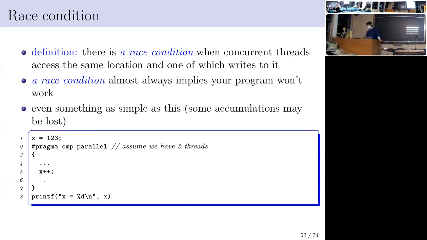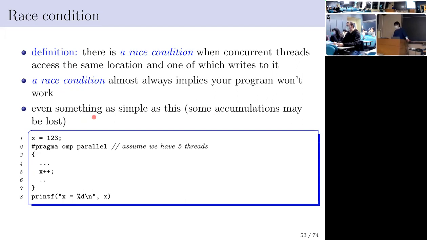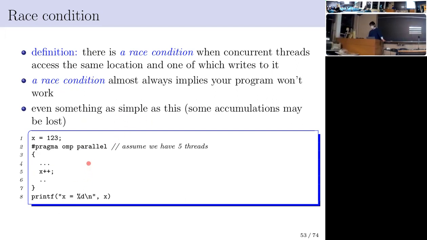So the coordination among threads is not as simple as somebody writing to it and some other guys reading from it. This is captured by this definition. Even something as simple as this fragment is not going to work.